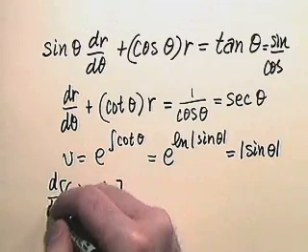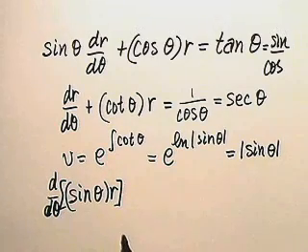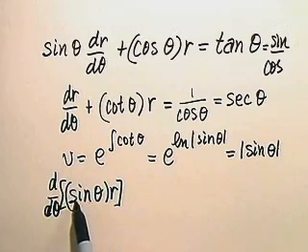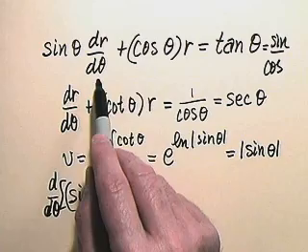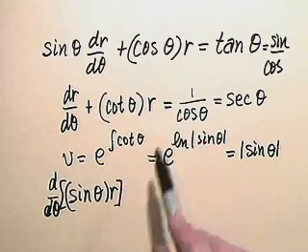Let me put the d by d theta here because we're dealing not with x and y but with r and theta. If I differentiate sine theta r with respect to theta, I'll get sine theta dr d theta plus cosine theta r.